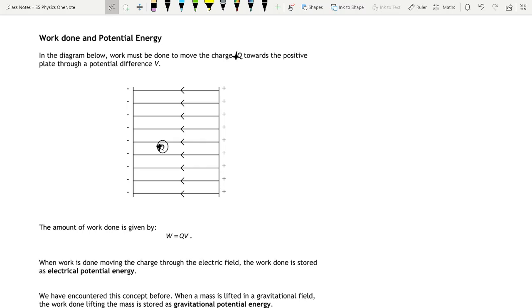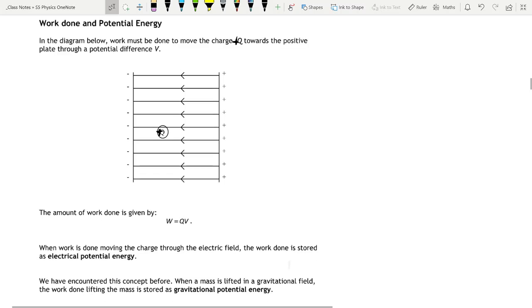You have to pull it. Okay? And that amount of work done is given by, in normal mechanics, if you were pulling something, the work done would be force times distance, wouldn't it? But in an electric field, the work done is the charge times the voltage. So the size of the charge times the voltage between those 2 plates.